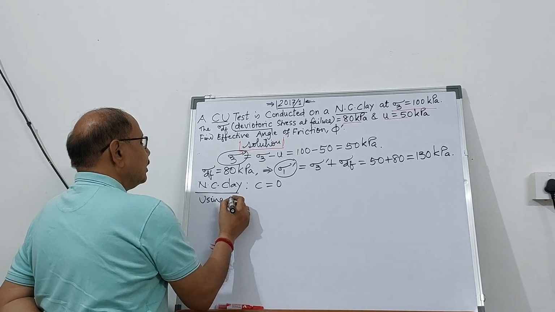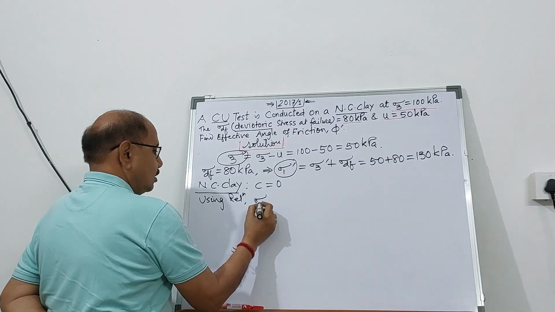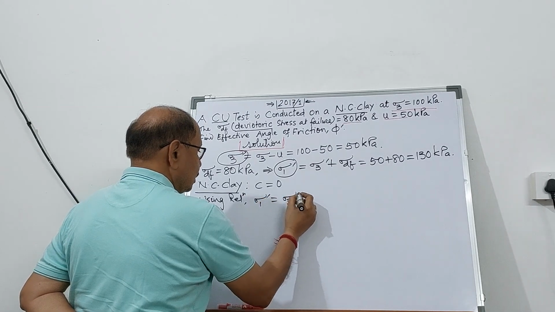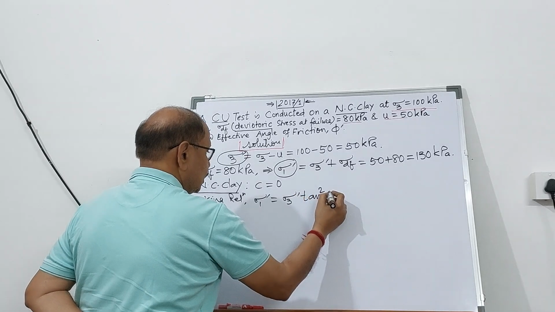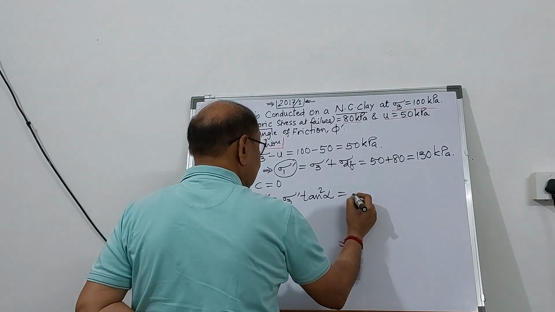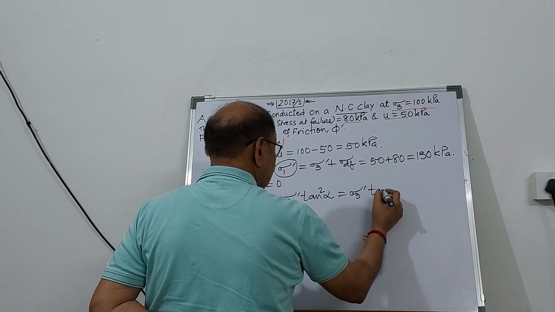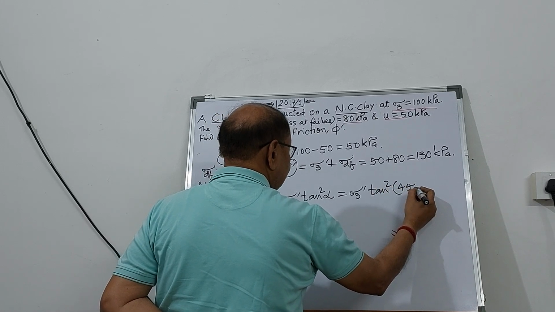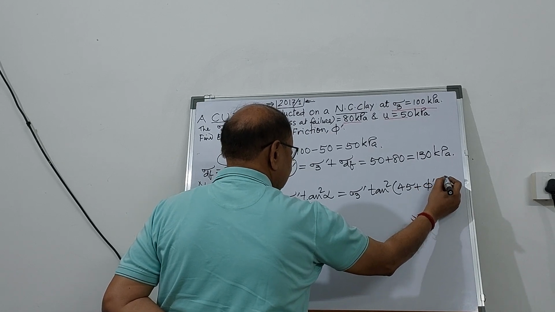Using relationship sigma 1 prime, you know it, equal to sigma 3 prime into tan square alpha. So this can be further written as sigma 3 prime into tan square alpha is 45 plus phi prime by 2.